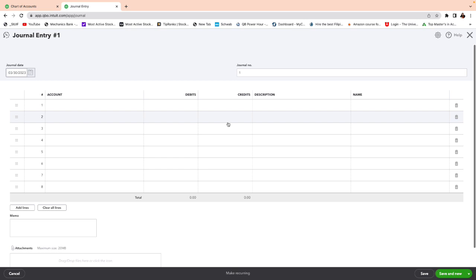So there's always two sides of the coin, and both of them need to balance each other. Whatever is in debit needs to match credit. So debits and credits need to be the same. It's kind of like a T account. Whatever is taken out of this side needs to be put on the other side, and so forth.